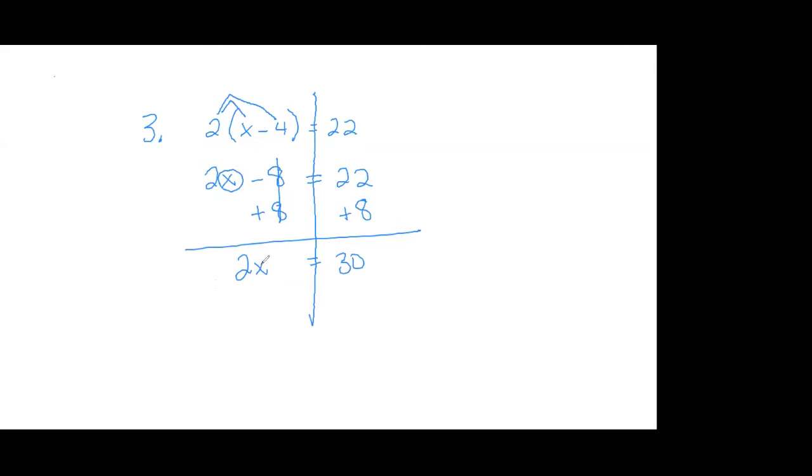So now we're still trying to get x by itself. Whenever there's a number right next to x, we have to divide them apart. Technically that means to multiply. So we're going to divide by 2 on both sides. Whatever we do to one side, we always have to do to the other. That'll cancel out. We have x is equal to, and 30 divided by 2 would be 15.